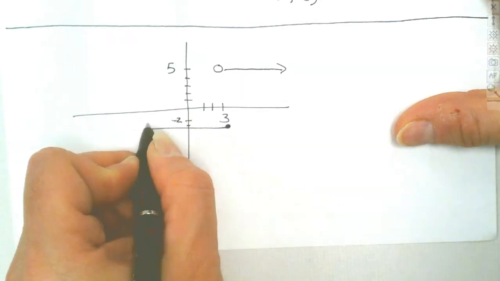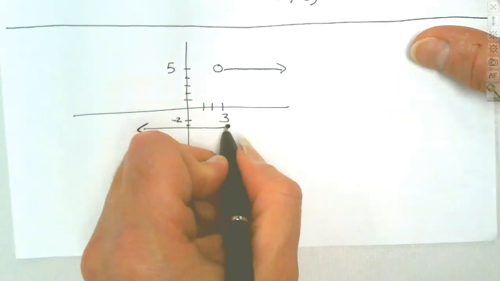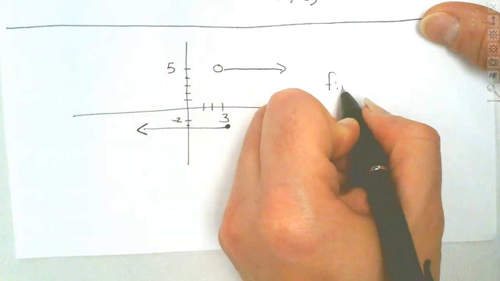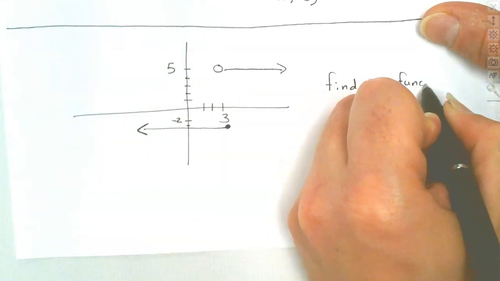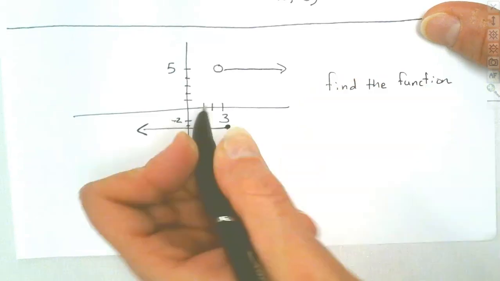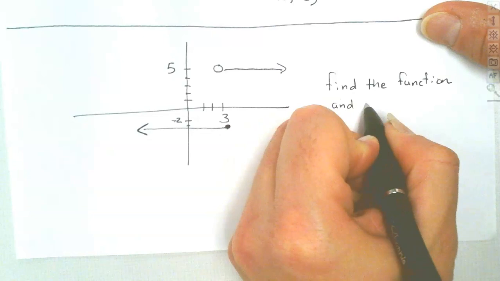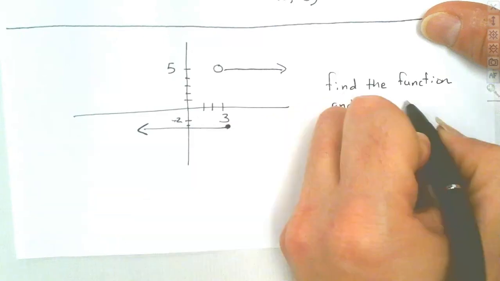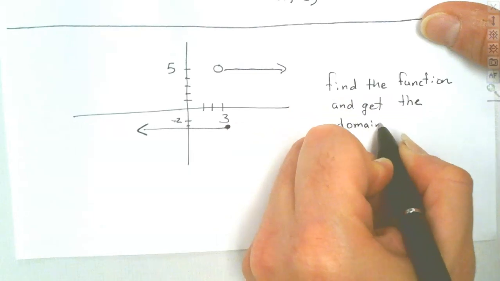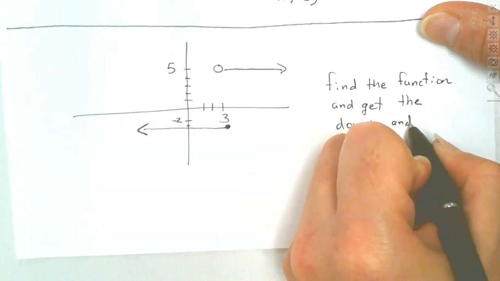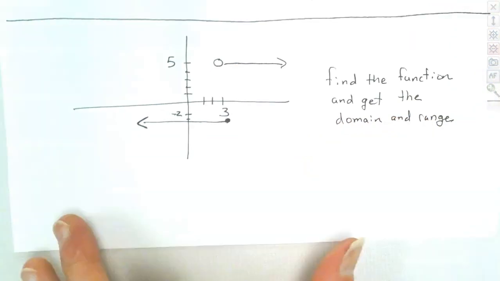And then we're also going to get the domain and the range. So we're going to find the function and get the domain and range. So that's what we're going to be doing here.